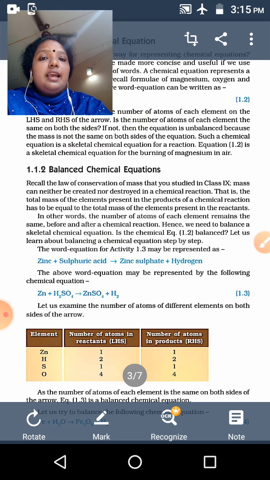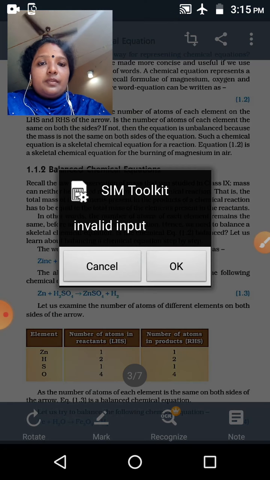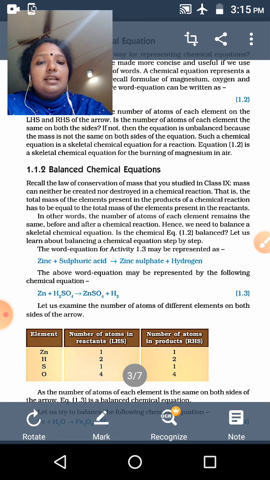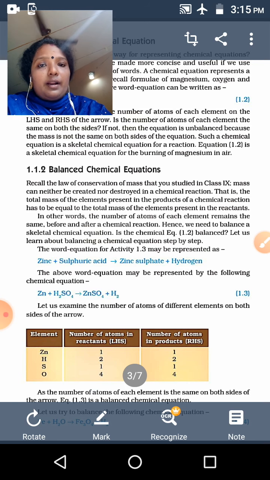In the first column you write elements. In the second column you write the number of atoms in the reactant side, and in the third column you write the number of atoms in the product side.